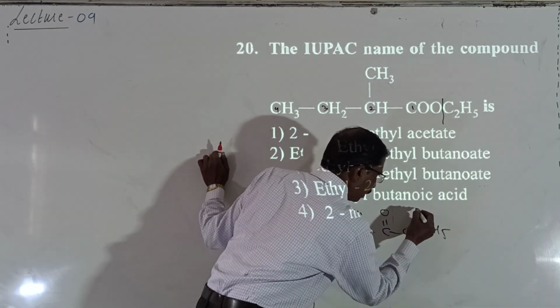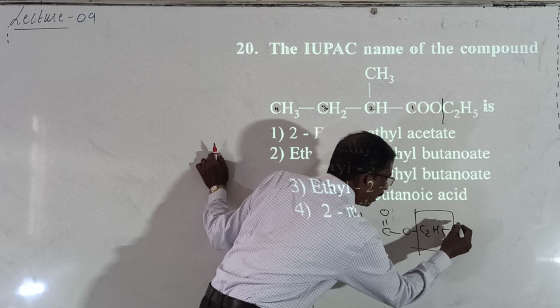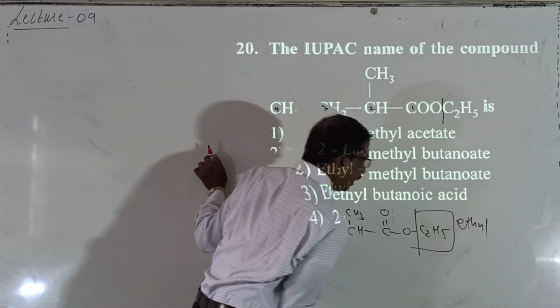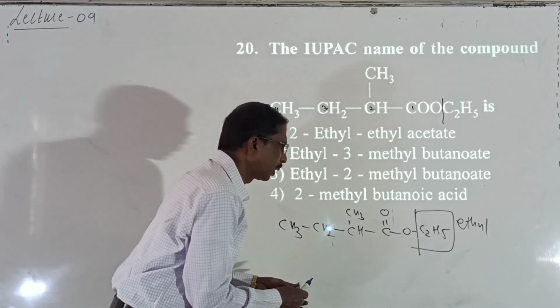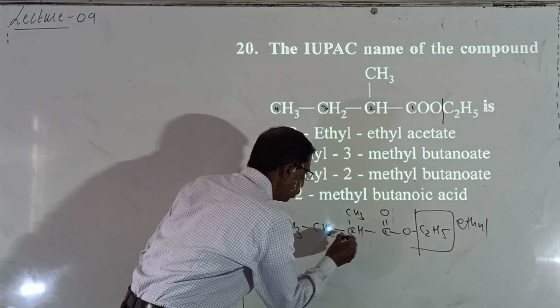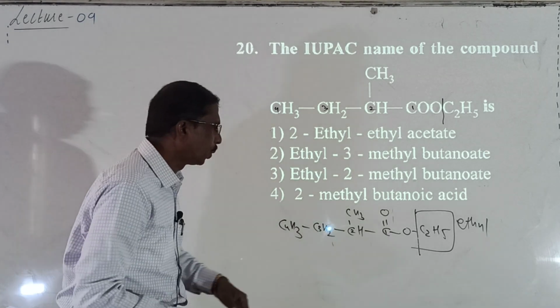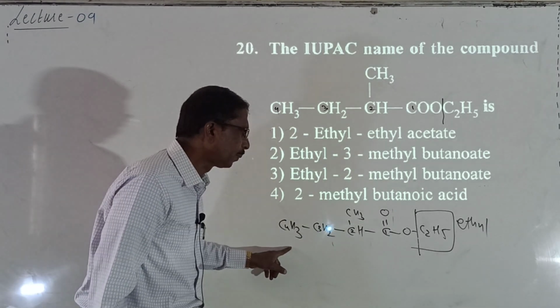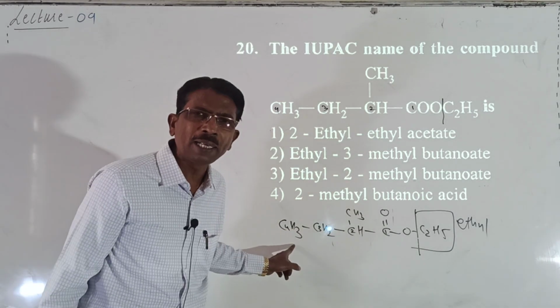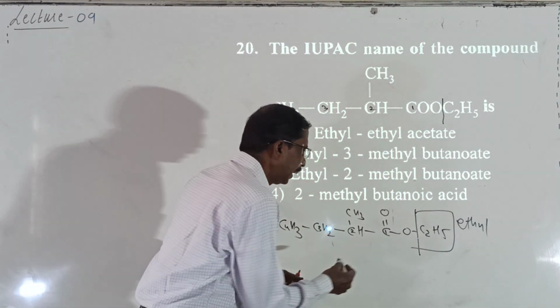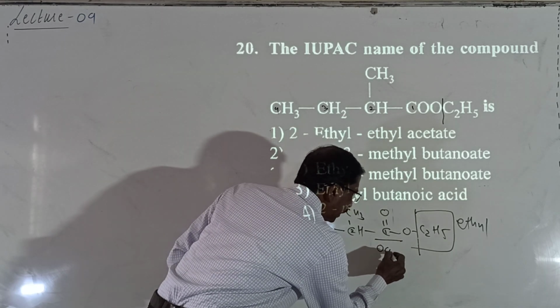Look here, this group is separated here, it is called as ethyl, and this ethyl is attached to this group 1, 2, 3, 4. So it is called as ethyl butane, and E is replaced by OATE.